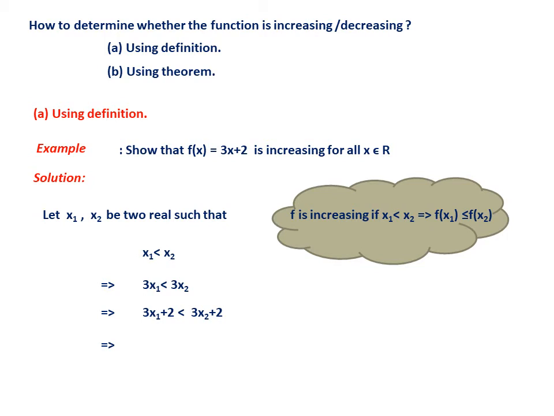So this implies 3x1 plus 2, which is f of x1, is less than 3x2 plus 2, which is f of x2. Now look here, x1 less than x2 implies f of x1 less than f of x2. So f of x is an increasing function. So this is the way we can prove it. And one more thing, it is a strictly increasing function because strict inequality is there.